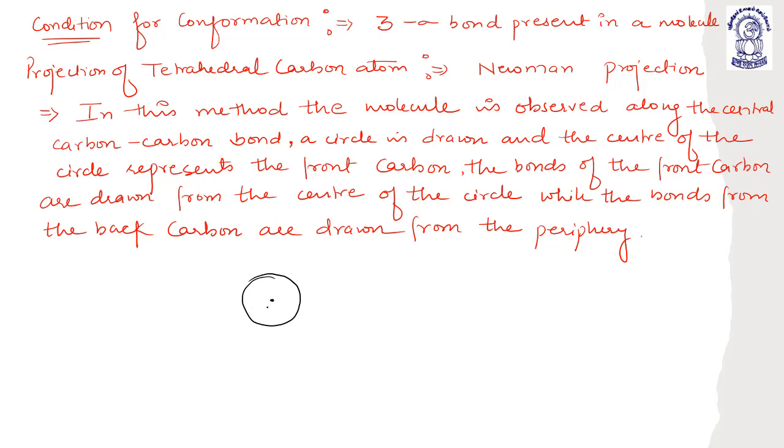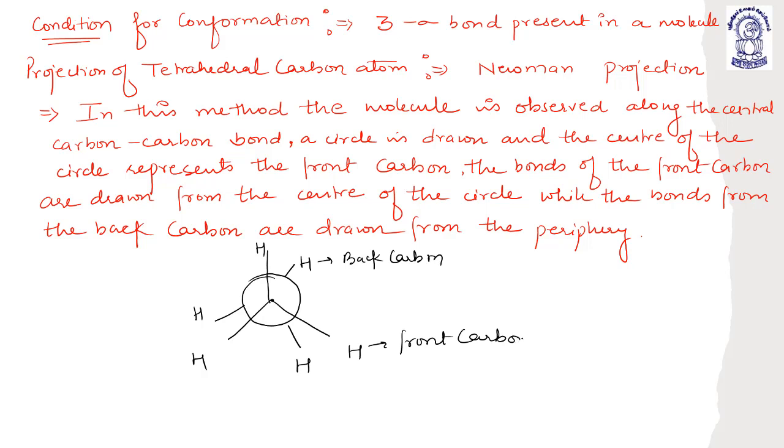Okay, the bonds from the front carbon are drawn like this, and the bonds from the periphery are the back carbon. Back carbon, front carbon. Okay.